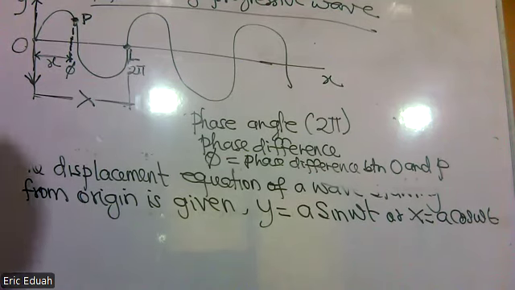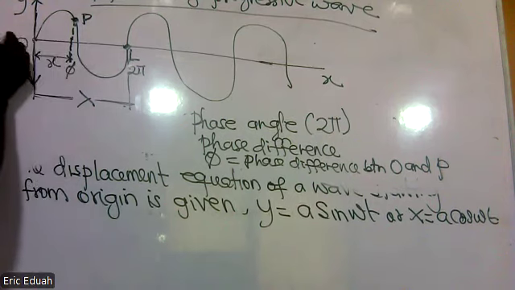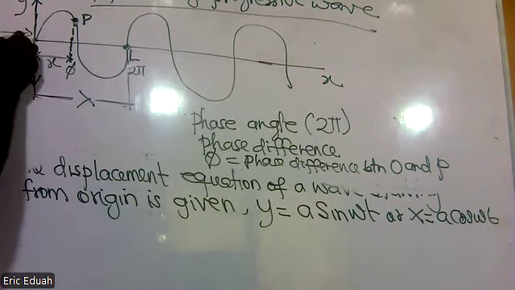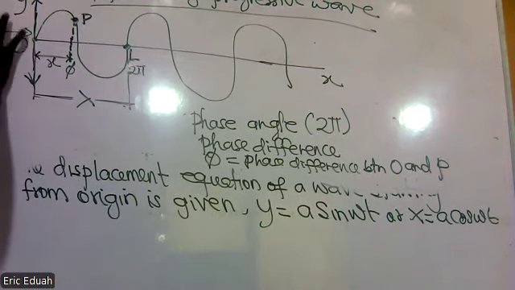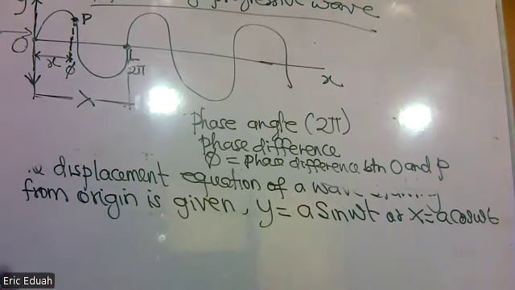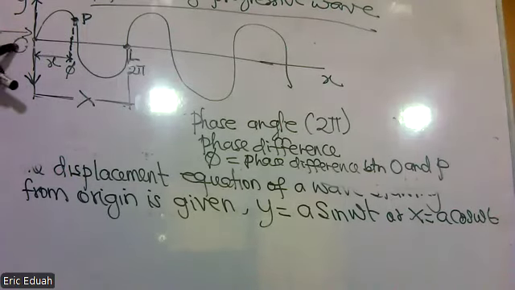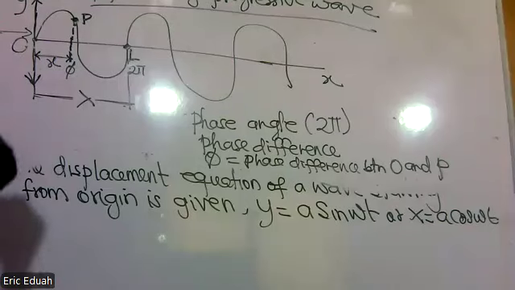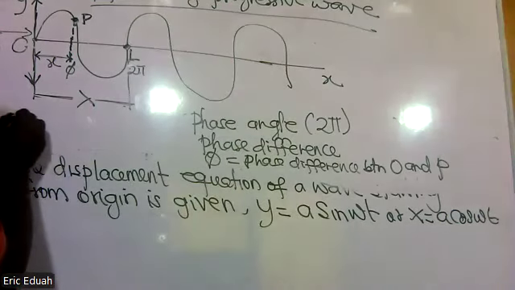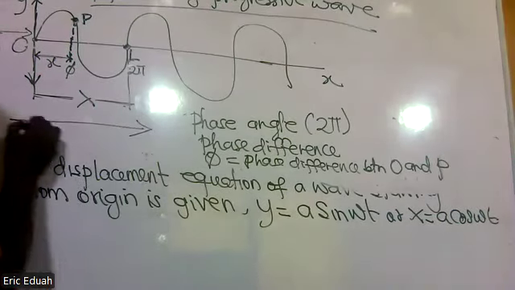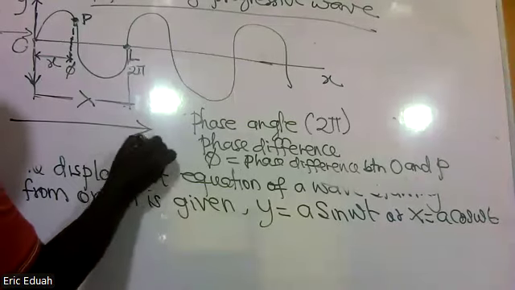Now, when energy hits from the origin, the energy starts from this point. A particle at O would vibrate before particle P because the wave is moving from left to right. The energy is moving from left to right, that is the direction of energy.